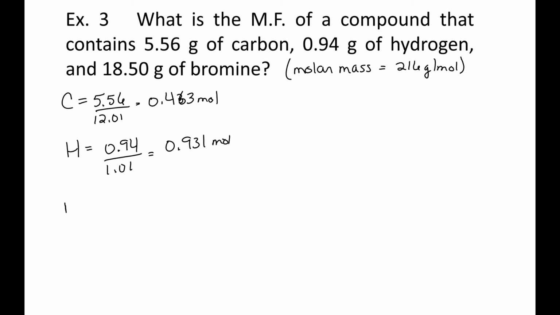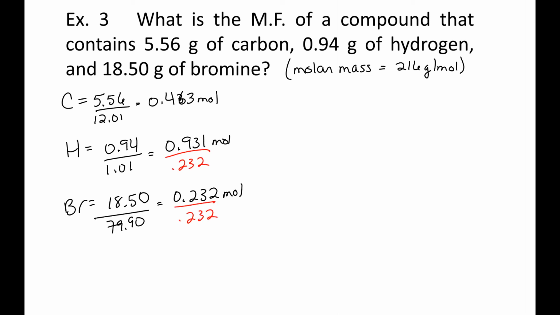Your bromine is 18.50 over 79.90, and that gives us 0.232 moles. Of course, your lowest moles is 0.232. So this gives us 2, this is 4, and this is 1.